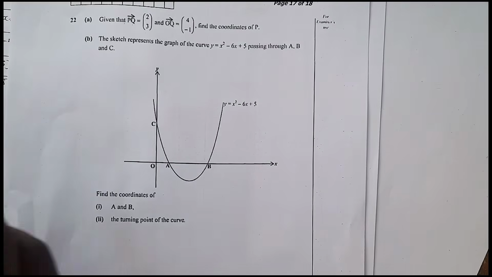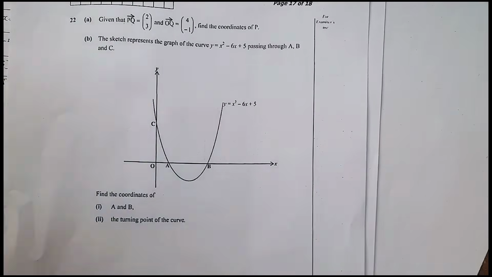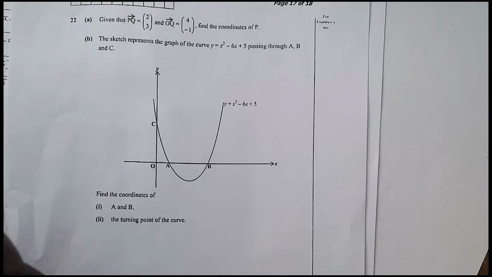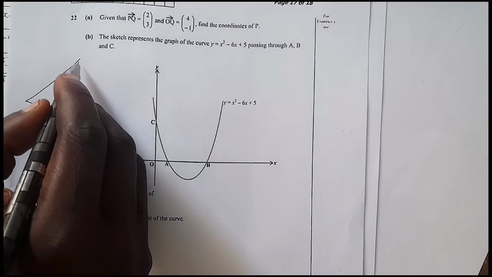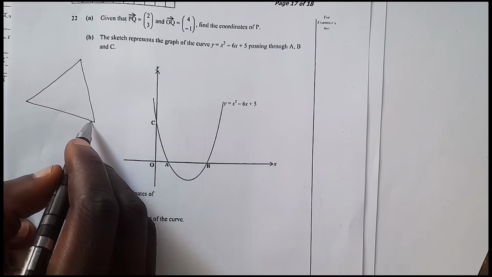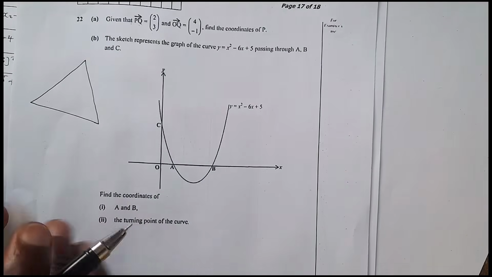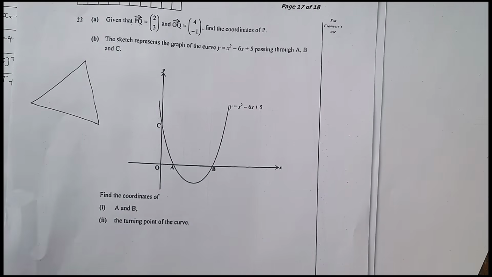No problem. So to help you answer this question, just draw a sketch of a triangle. Are we together? Just draw like this. Any triangle, okay, like this. Then you should know, guys, that any vector always has an origin.